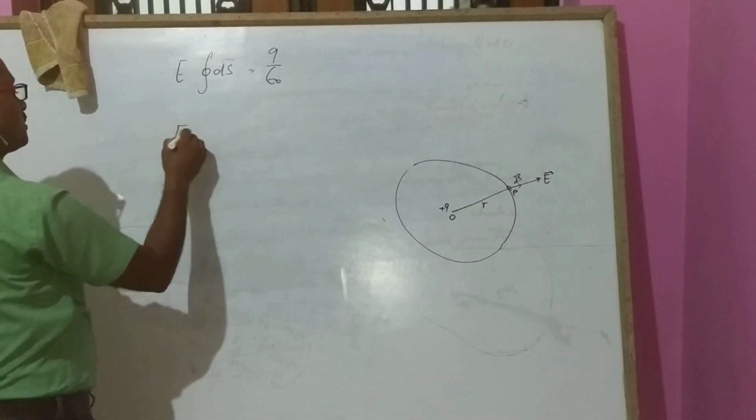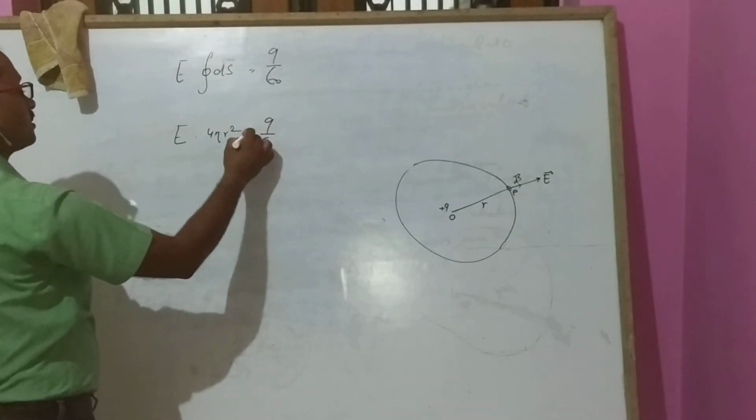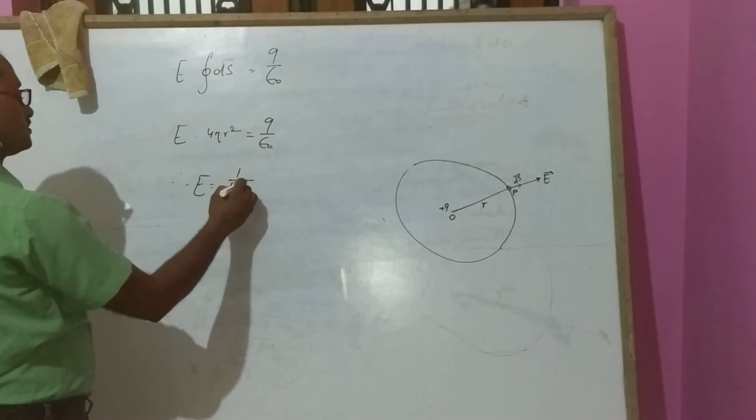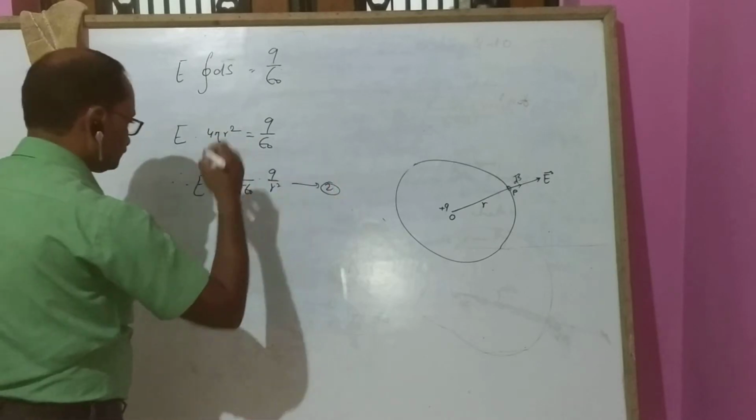Therefore, E into 4 pi r squared equals Q by epsilon naught. Therefore, E equals 1 by 4 pi epsilon naught times Q by r squared.